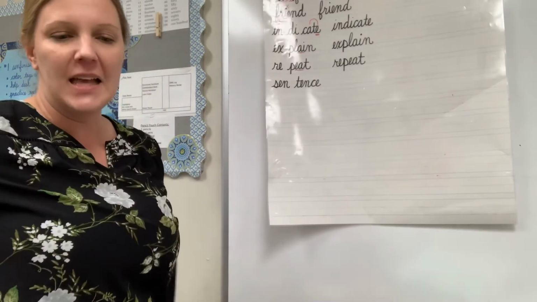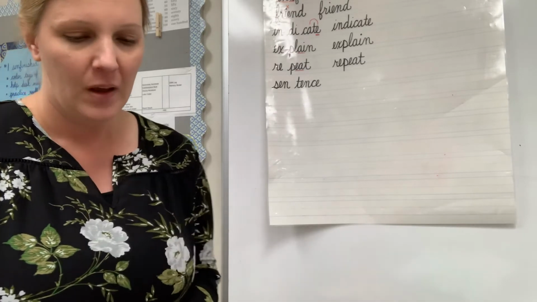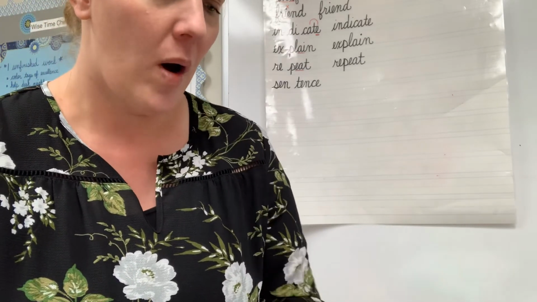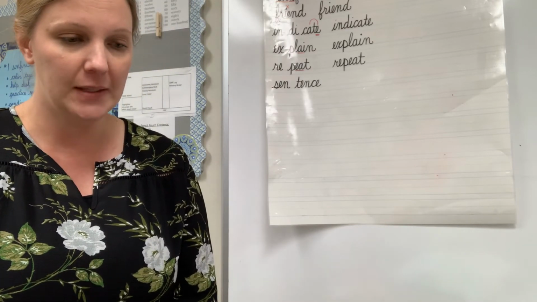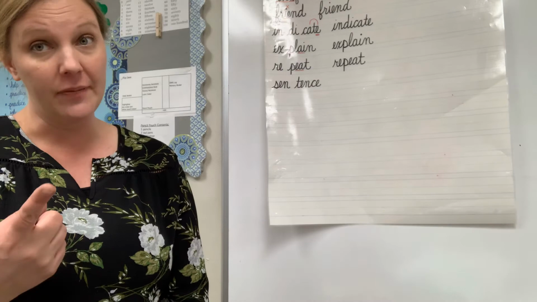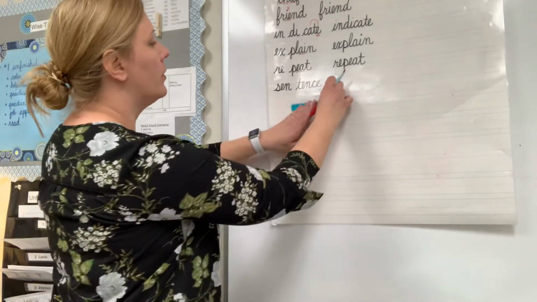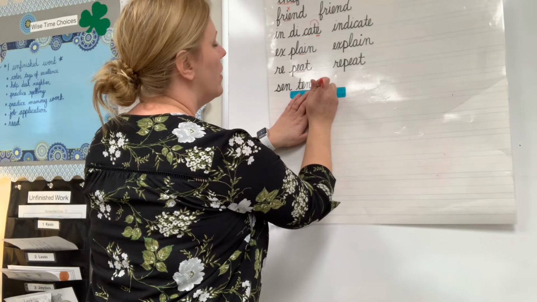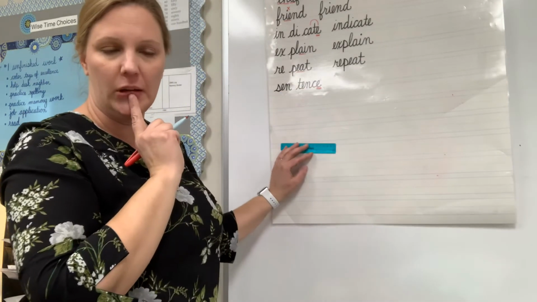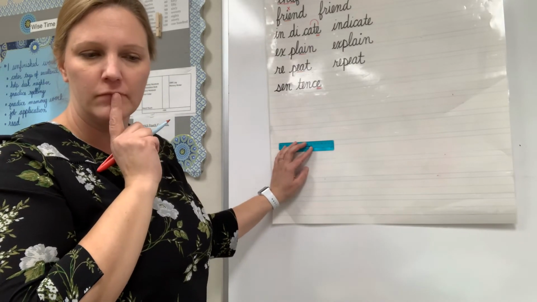S-E-N-T-E-N-C-E is the correct spelling of sentence. Take a minute, third graders, and think what we might need to mark in sentence. What do you see there? Silent final E. Definitely need to double underline our silent final E. We'll use our ruler so that we keep it nice and neat. And why are we double underlining this silent final E in sentence? What rule?